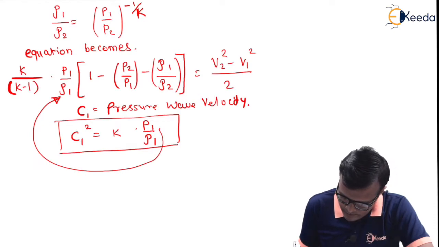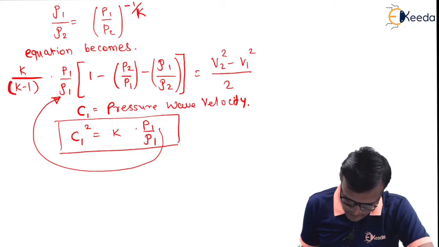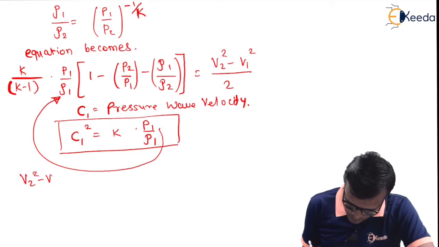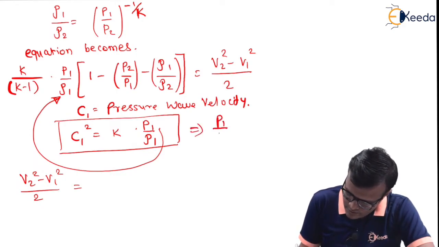So we will replace it by the remaining term. So v2 square minus v1 square upon 2 is equal to, this gives us p1 upon rho 1 is equal to c1 square upon k.